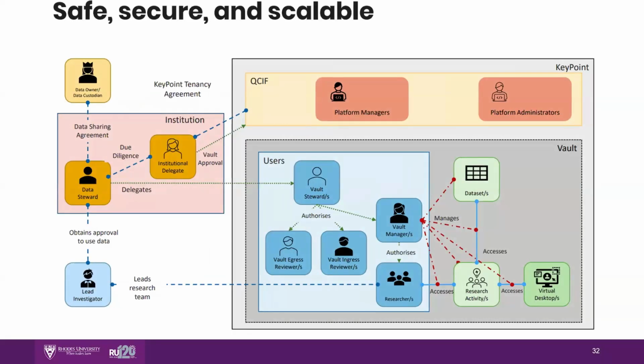And as you can see from the illustration here, you have the data custodian who has a data sharing agreement that is used within the system, so that if someone wants to gain access to the data, you have the data steward who manages that data sharing agreement. If anyone wants to use the data, they'll be vetted, and they will have to sign that data sharing agreement before they can even gain access to the data.